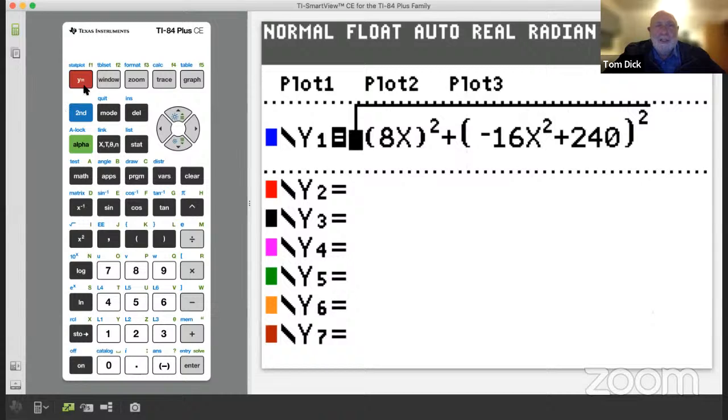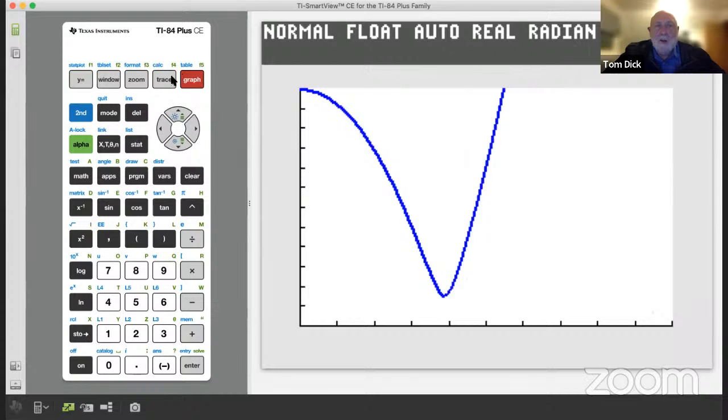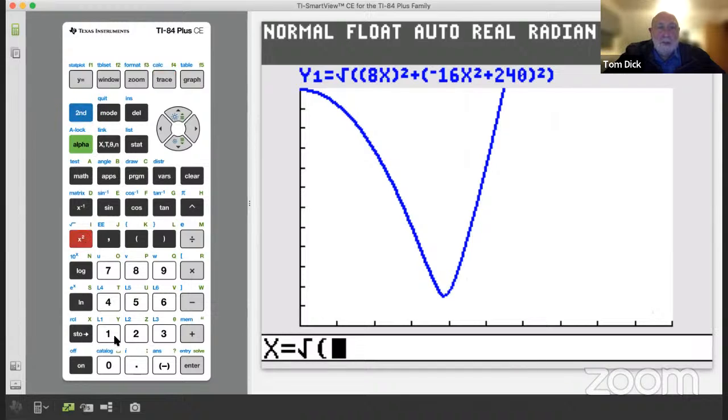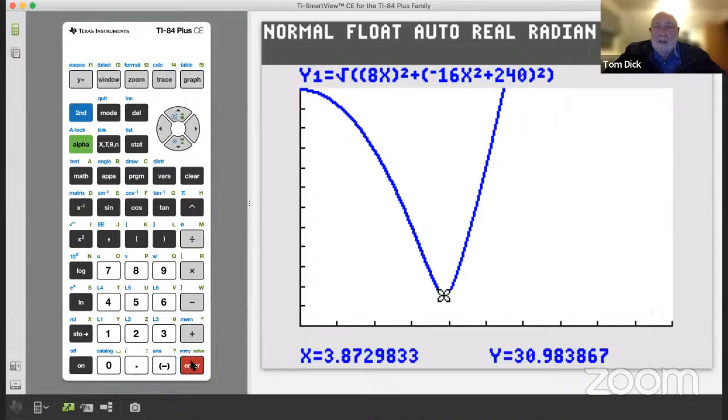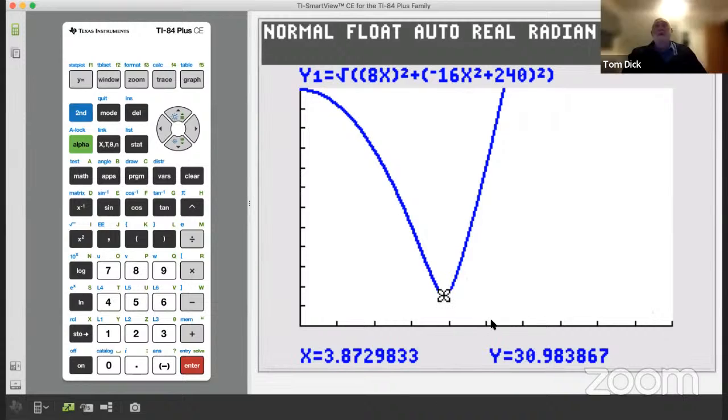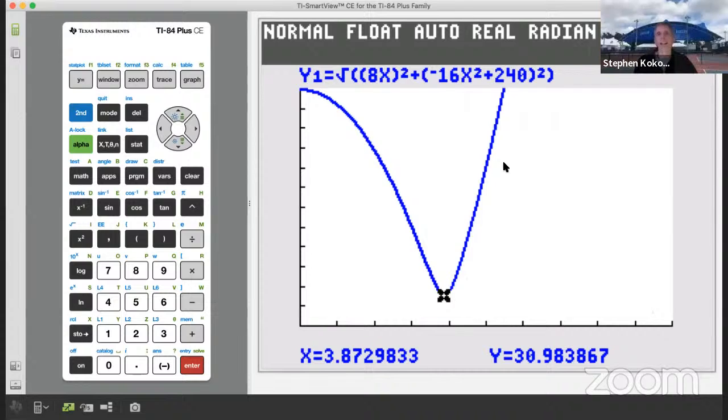Now, what number is that? Let's see. Actually, I wonder, can we actually do that? If I go back to the graph and do a trace, can I actually put in the square root of 15? Yep. Let's try that out. See exactly where that is. Oh, that's interesting. Okay. And from there on out, this model really doesn't make any sense anymore. It does not, right?